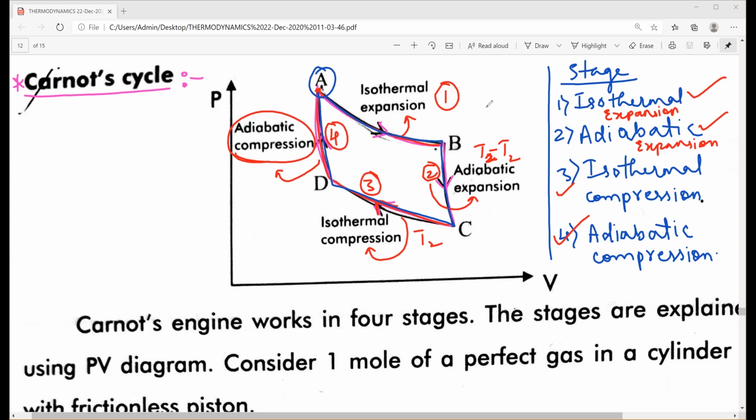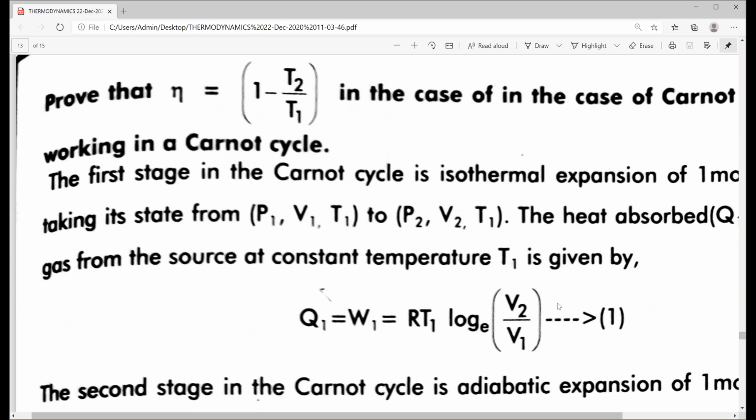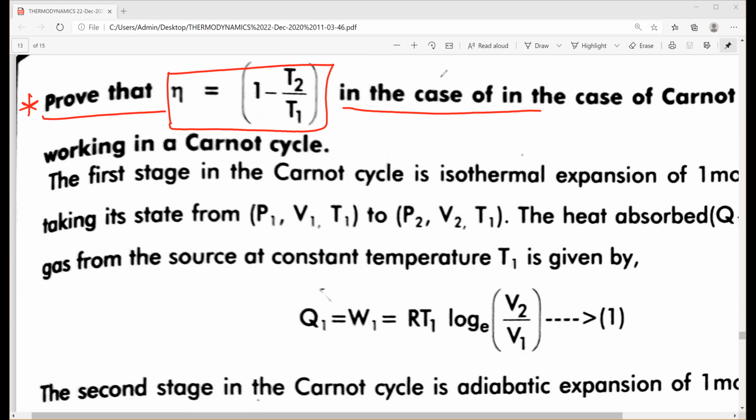And the next, what type of question can they ask? So the next important derivation they may ask is: prove that eta is equal to 1 minus T2 by T1 in the Carnot cycle.